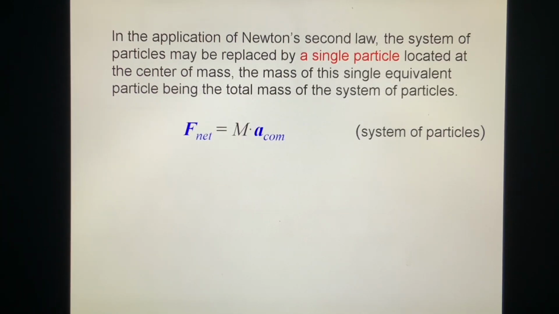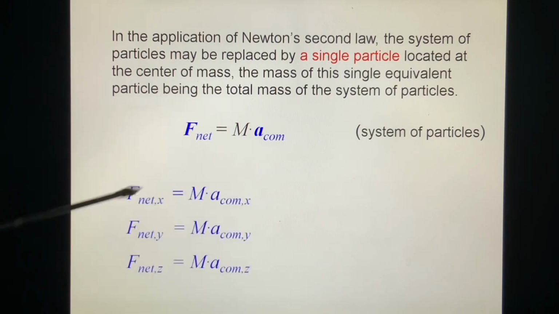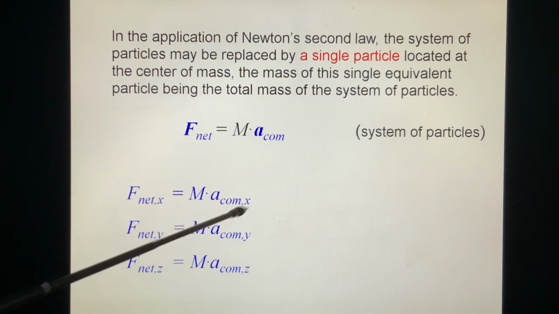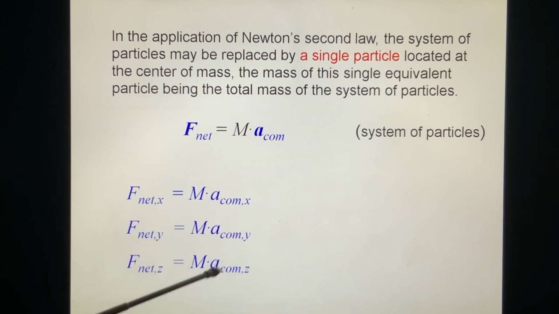Okay, we rewrite this in three components, and they are independent of each other as before. Sigma F x equals M a com x, sigma F y equals M a com y, sigma F z equals M a com z.